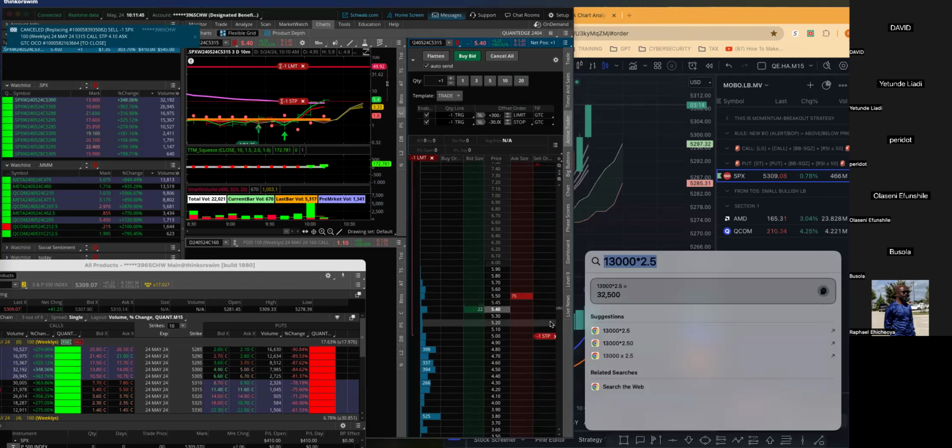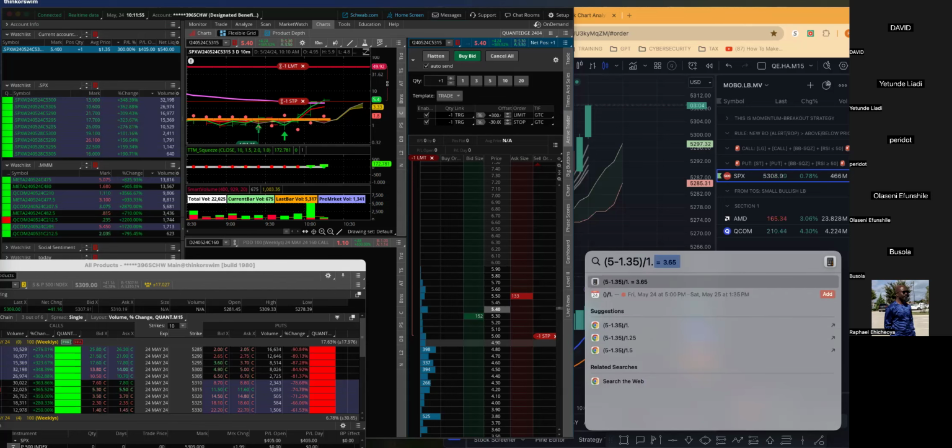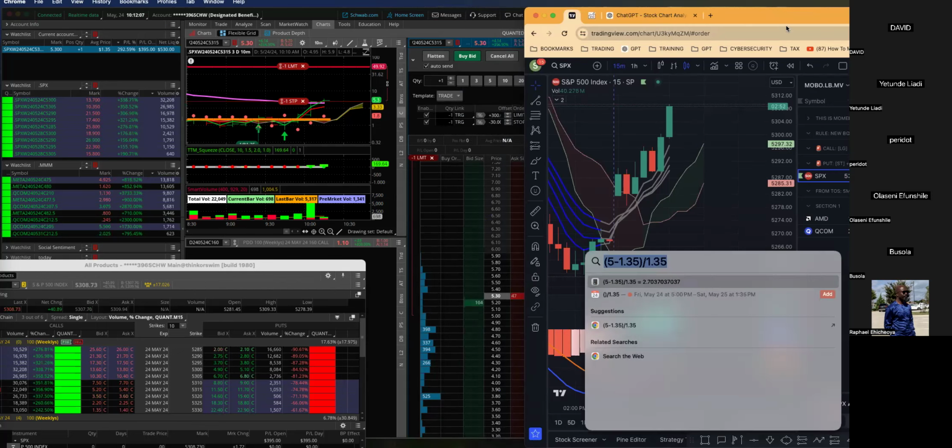This is fantastic. Let's see, 5 minus 1.35 divided by 1.35. That's 270% right there. At $5, this thing keeps going the way it's going.